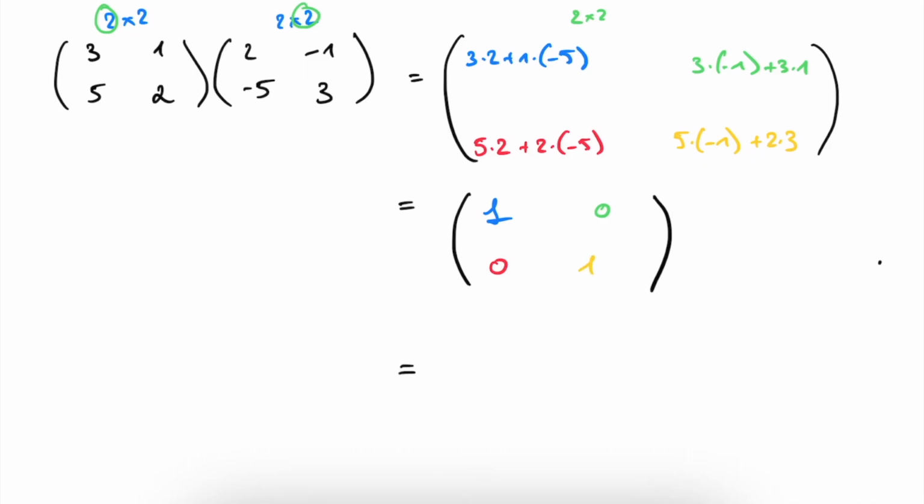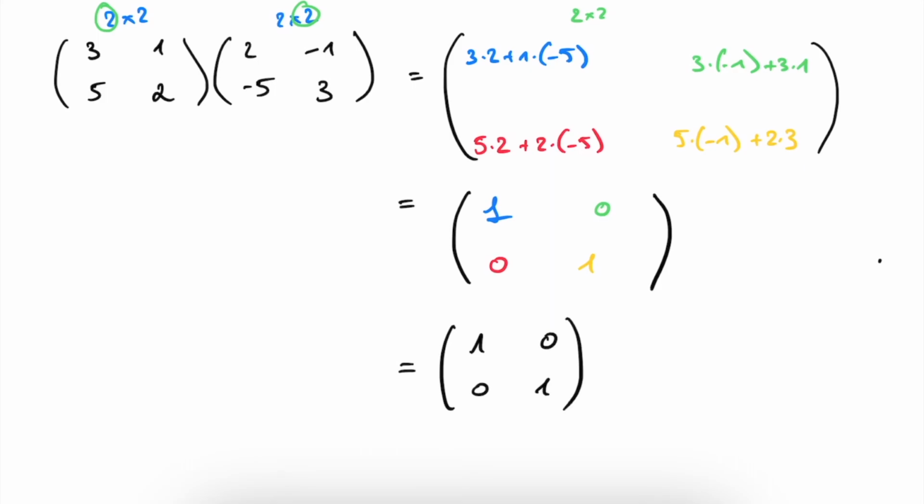So what we get here is just the identity matrix. And this shows that this matrix is the inverse of this matrix. And in the same sense that 1 over A times A is equal to 1, we get that this matrix times this matrix is equal to the identity matrix.